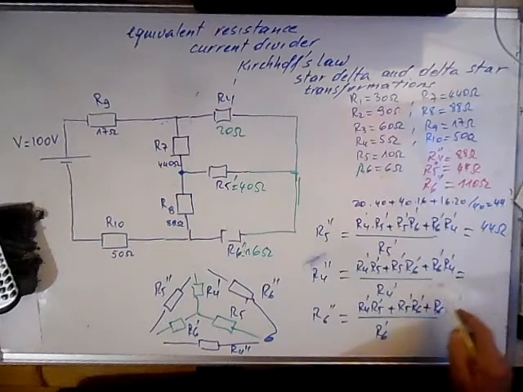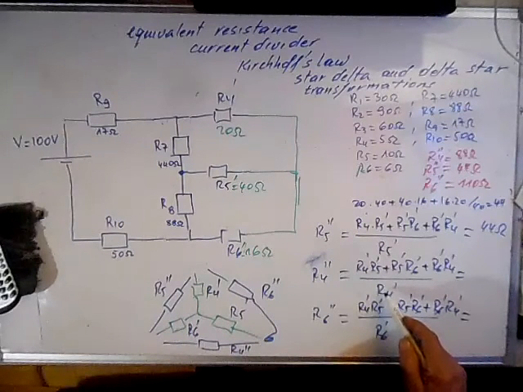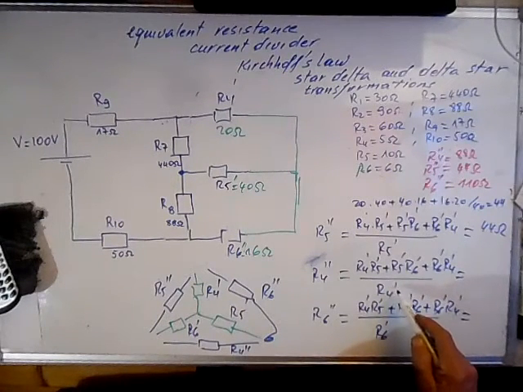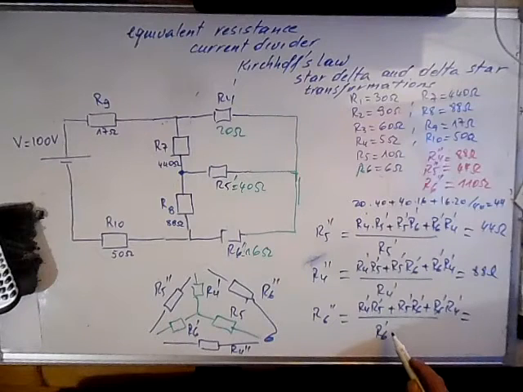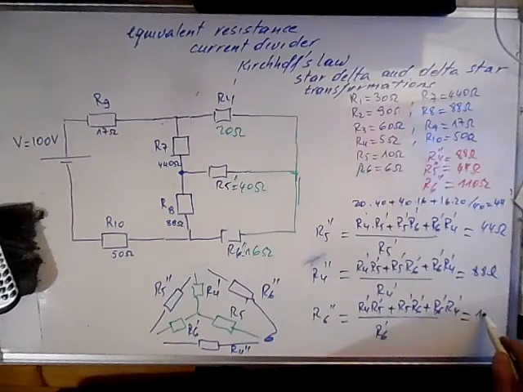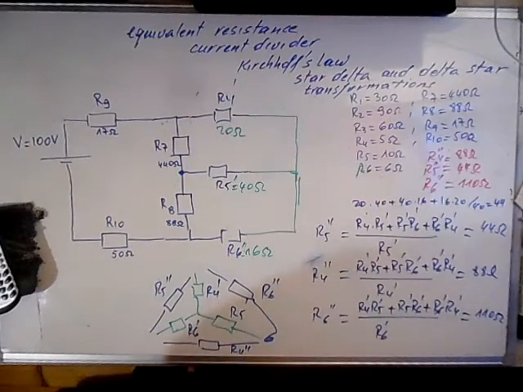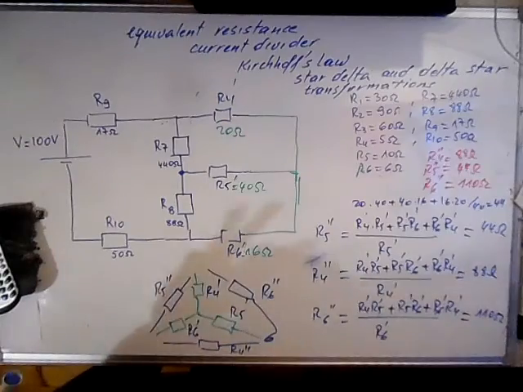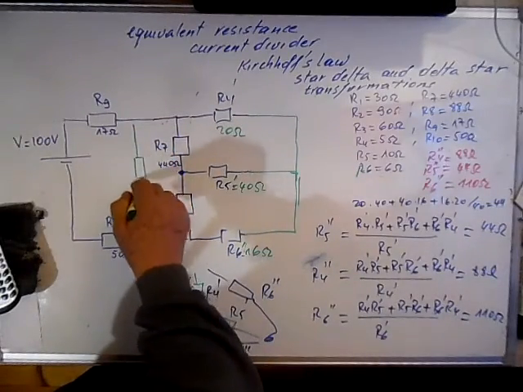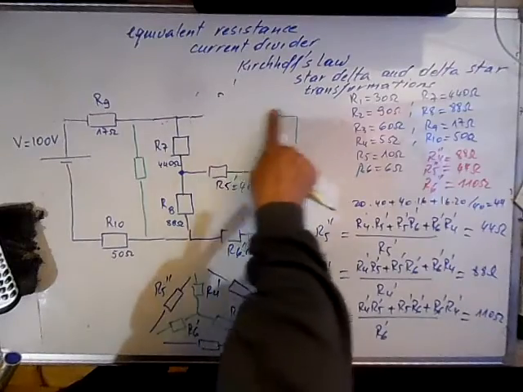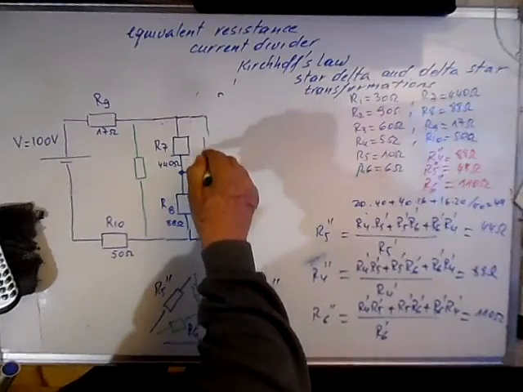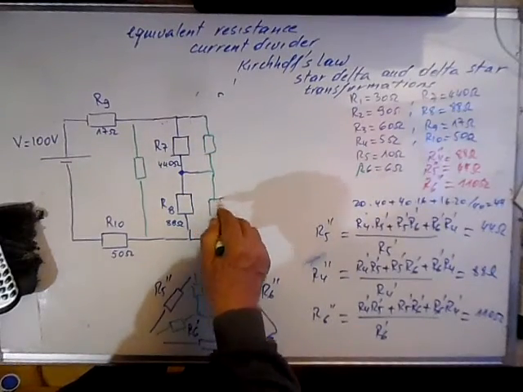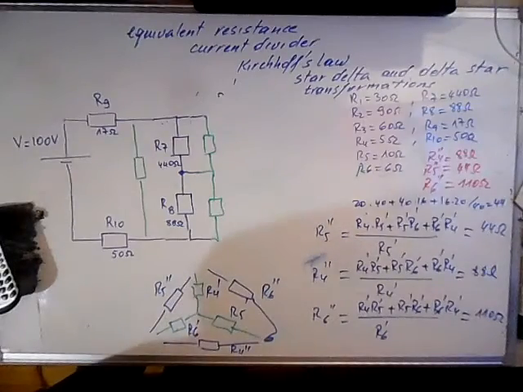Here, divided by R4 prime, we get twice the value, 88 ohms, and here, with R6 prime being 16, we get 110 ohms. So we calculated, and we can replace this with the following circuit. We have done the transformations, so we will have something like this, which is drawn.